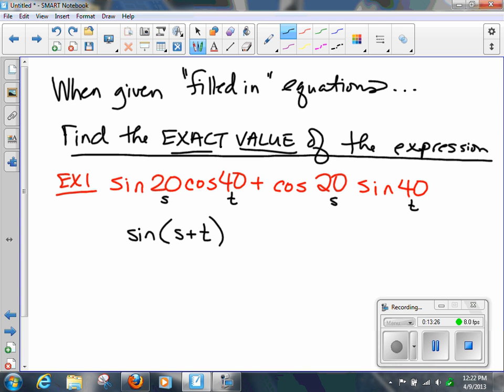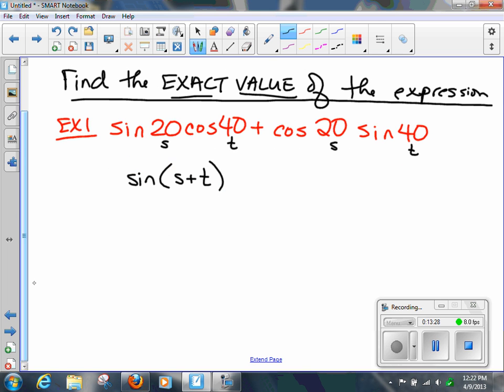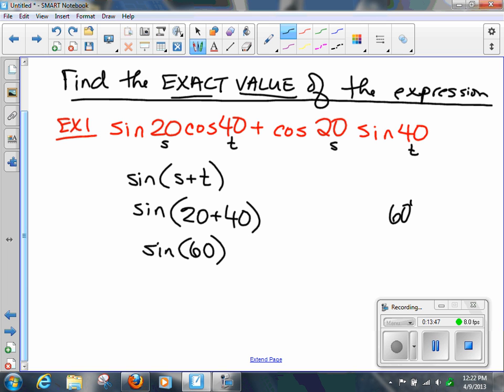Folks, what we're doing is working backwards, okay? Sine of what? What's my S? 20. My T is 40, which means we're finding the sine of a 60-degree angle. How do I even begin to find it? Well, 60-degree angle, what's that terminal point? 1/2, root 3 over 2, isn't it? What's your sine value?